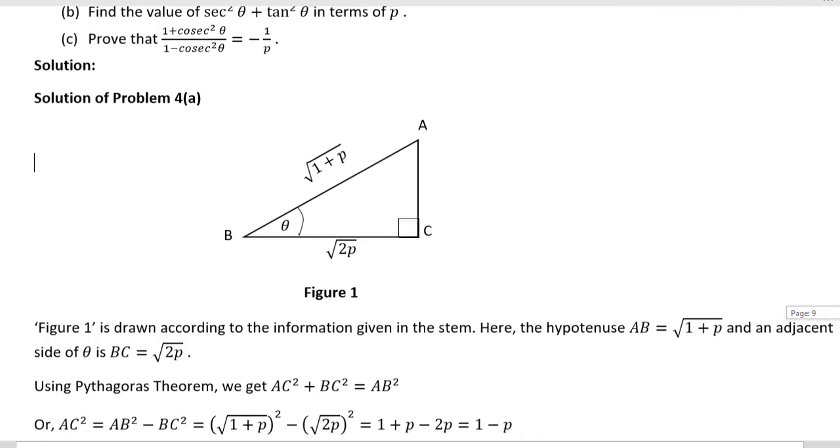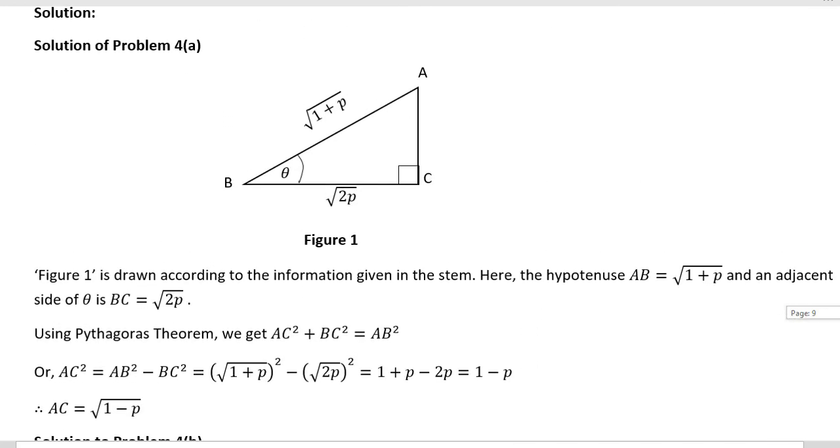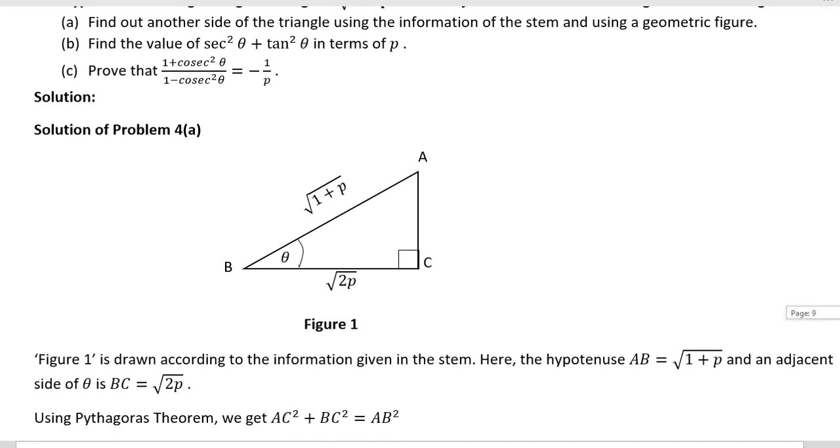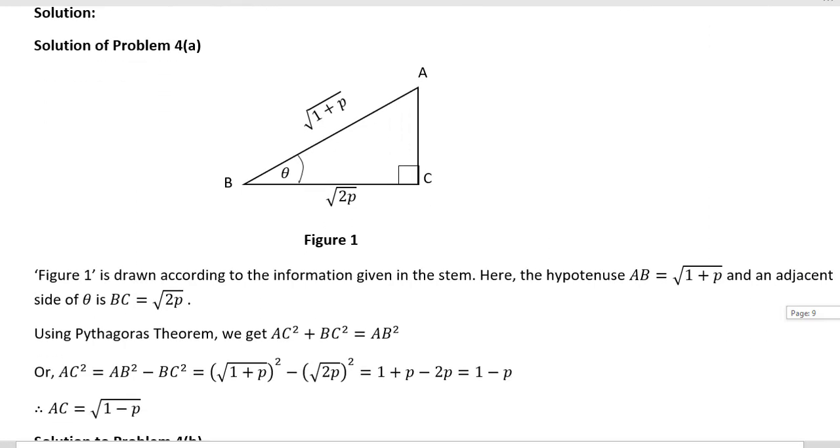So you may pause the video here and try to solve the question by yourself, and then check what is my technique to solve this problem.